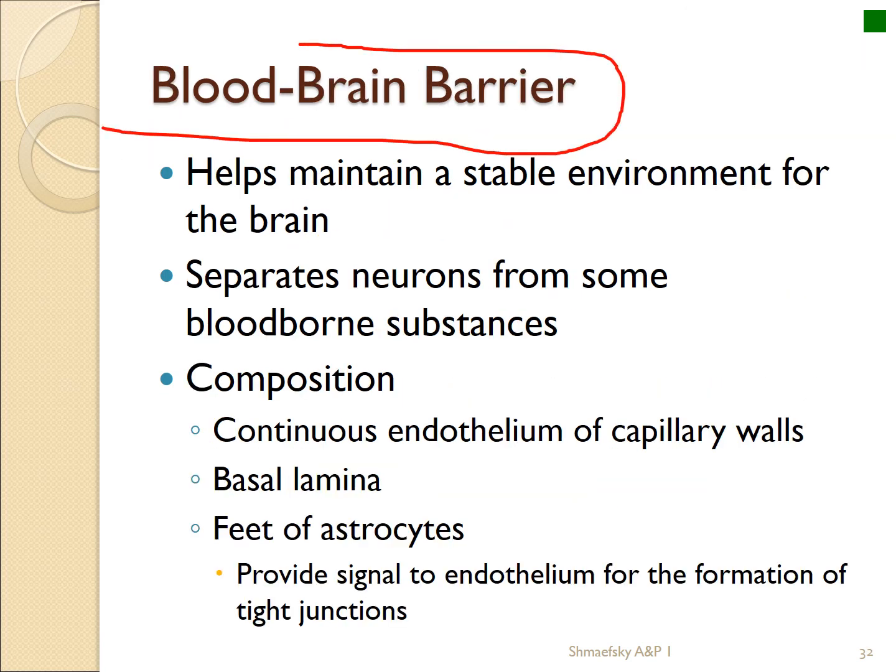And then your blood-brain barrier, just a little more detail, makes sure that no neuron is in direct contact with blood-borne substances, which is a problem because sometimes you do want them to be. So what happens is the astrocytes and ependymal cells help to basically protect these neurons in there.